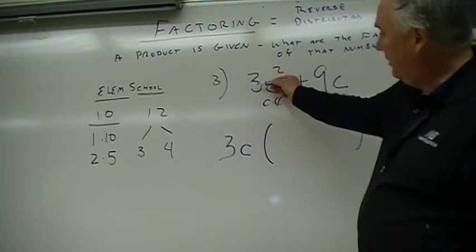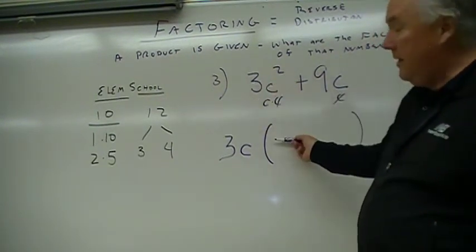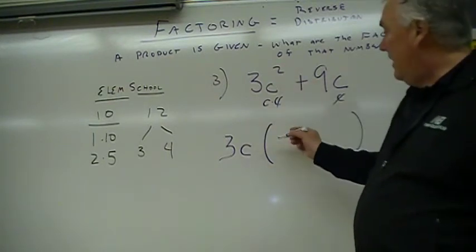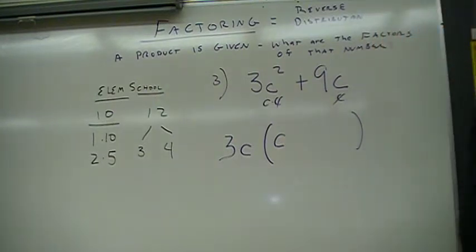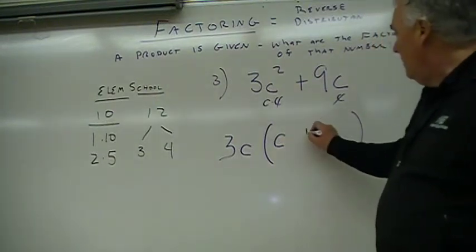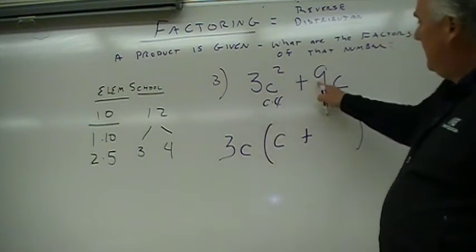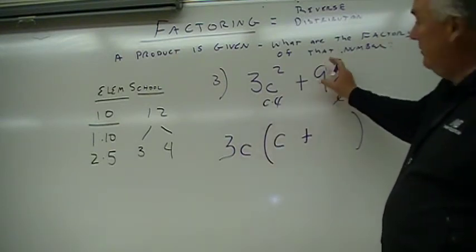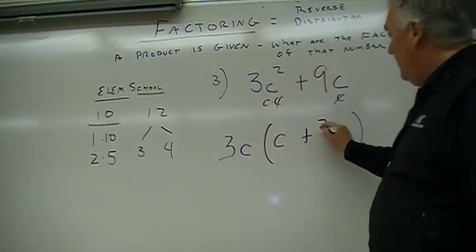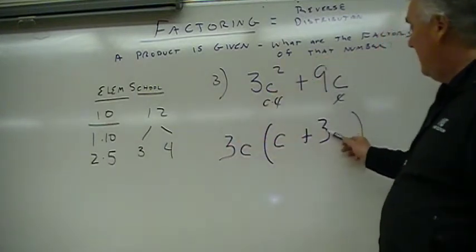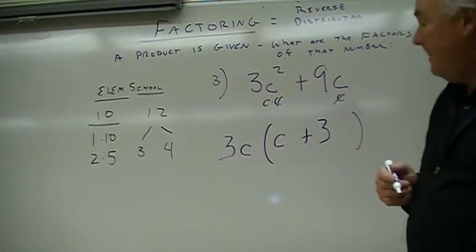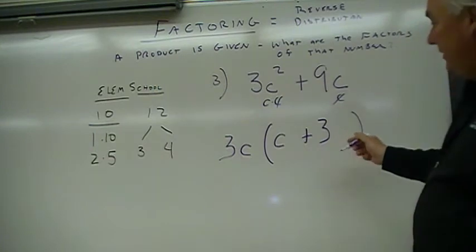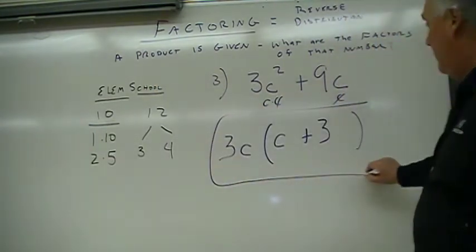What's left? I took the 3 out, so there's no more numbers here, okay? I had 2 c's and I took 1 out, so there's 1 c left. Plus 3 times what is 9? 9, we know 3 went into it, so we took that one 3 out. There's a 3 left because 3 times 3 is 9. We took the c out. There was 1 c, we took it out. So this becomes our answer.